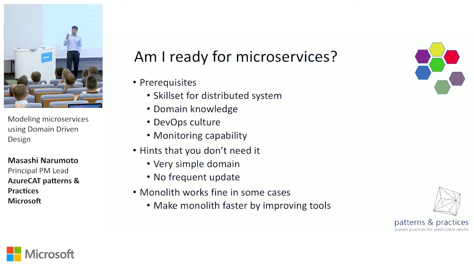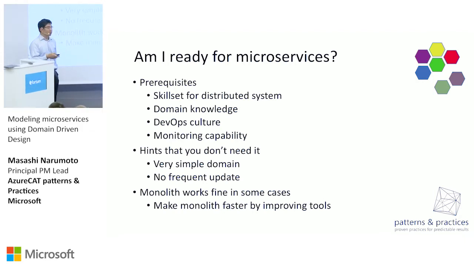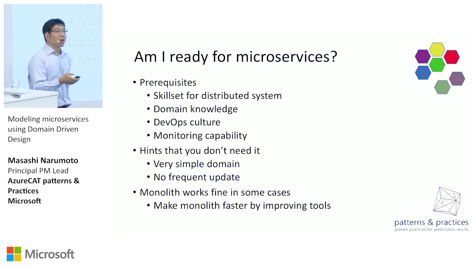All right, DevOps culture. Since the primary benefit of microservices is the faster release, how can we achieve that without DevOps culture? For instance, automated deployment, continuous delivery and integration. Without those things in place, how can I get that benefit?